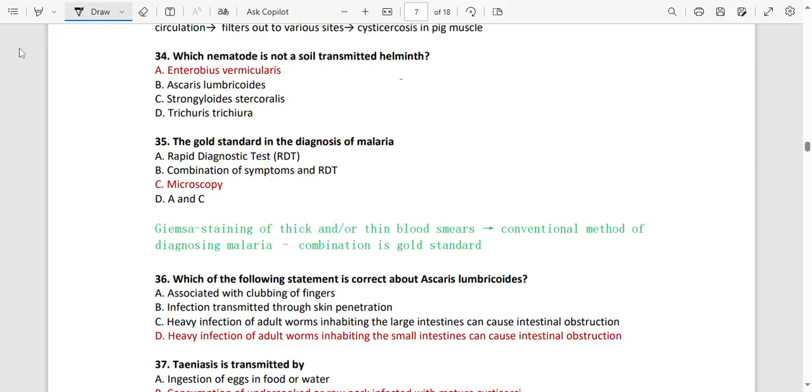How is Enterobius spread? Anyone that can help with that?